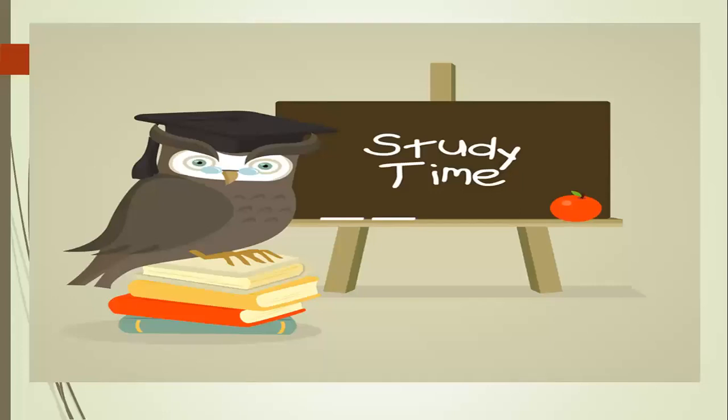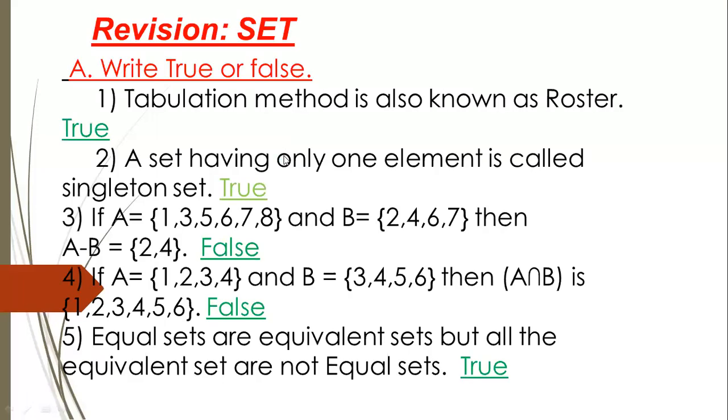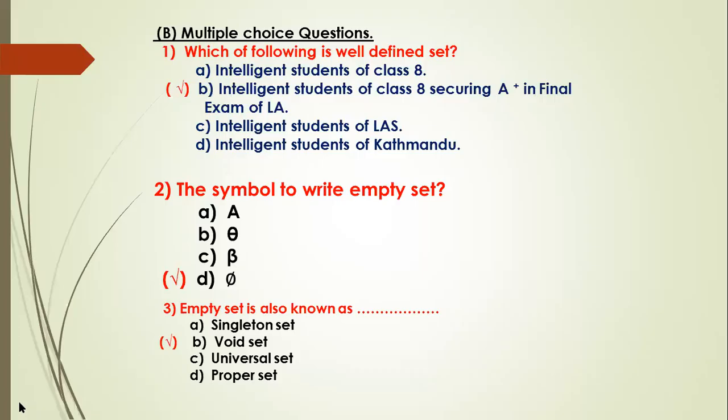In the first slide, there is true and false. As I told you, there are questions on the basis of this examination, and here I am going to ask you true and false.